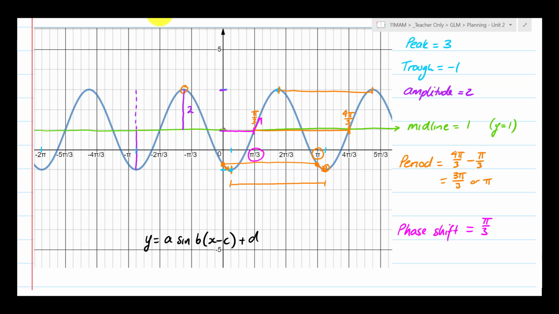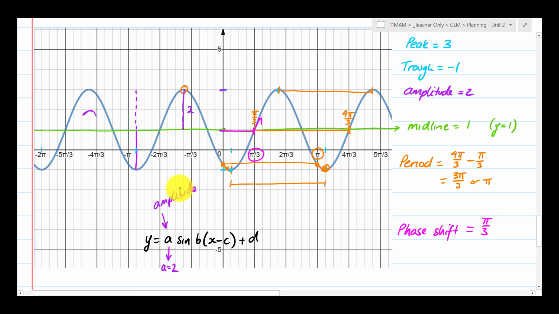So the a value for a standard function goes up to just a 1. So it just goes up to here and comes back down, doesn't go right up to the top. But in this case, you can see it's been stretched, and you can't see me now, but I'm doing that stretching movement with the hand, pulling something out. The graph has been stretched by a factor of 2. So I can see that a equals 2. The amplitude is the a value.